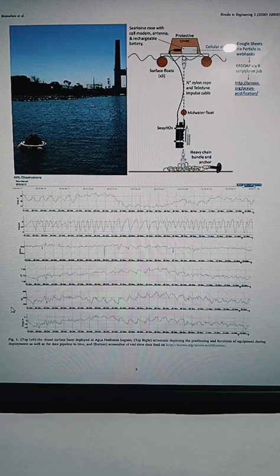Here we have a seahorse case with a cell modem, an antenna connected, and one rechargeable battery. This is the basic structure of IoT sensors at the coasts, or we can say the smart coast.